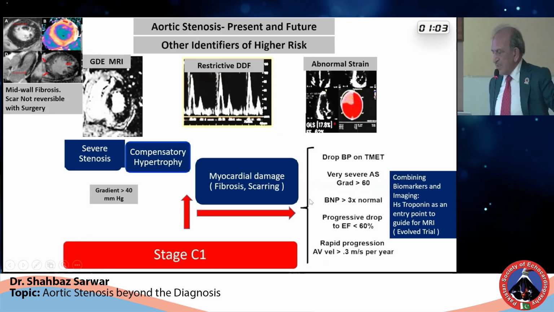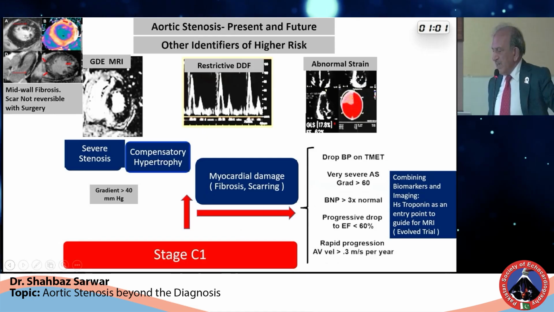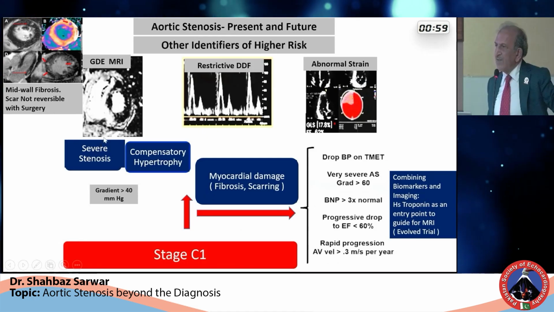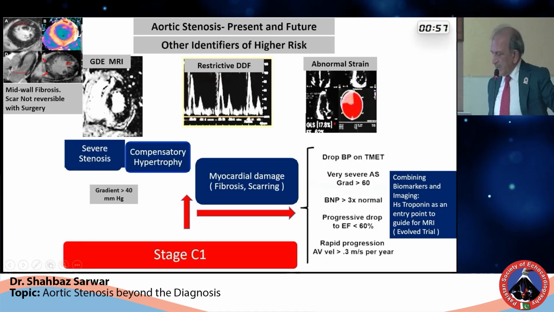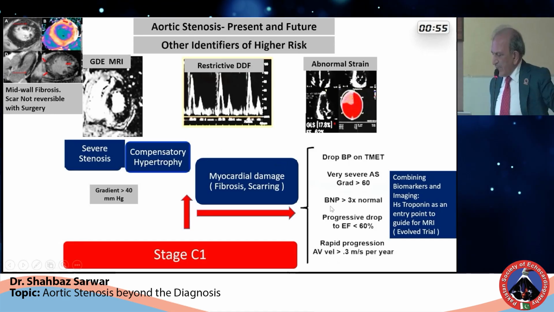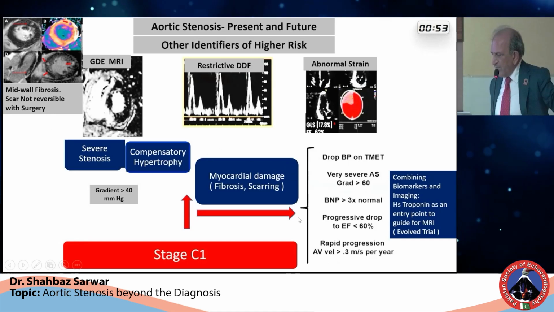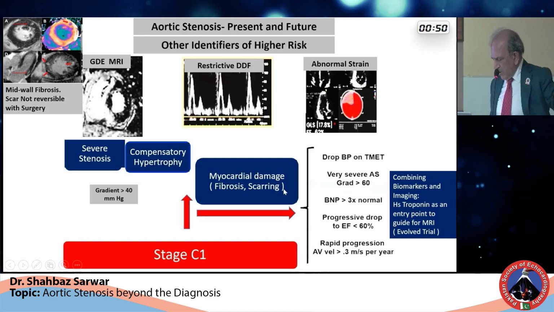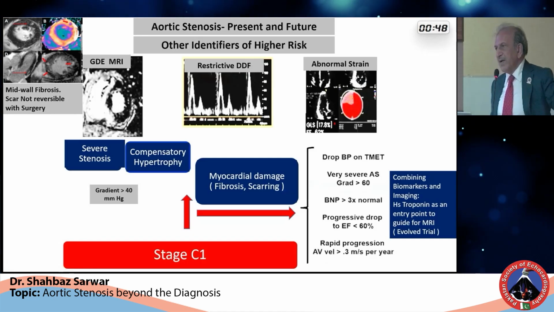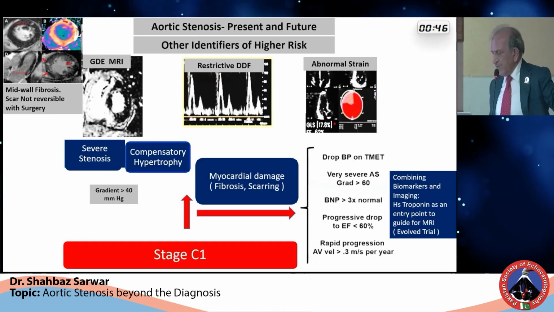If the troponin is high, you send the patient for CMR. If the troponin is negative, then you wait and observe those patients. And then there's rapid progression or drop of ejection fraction.